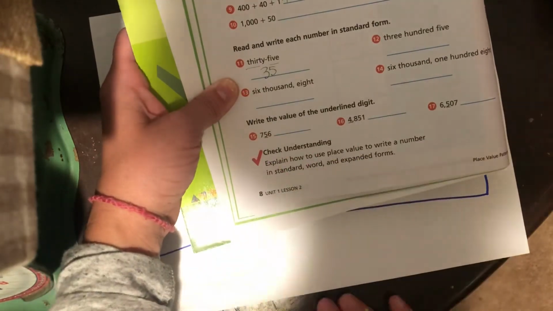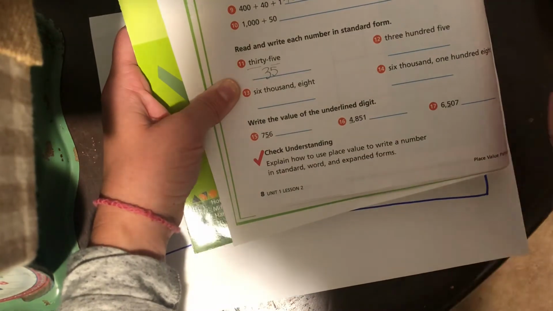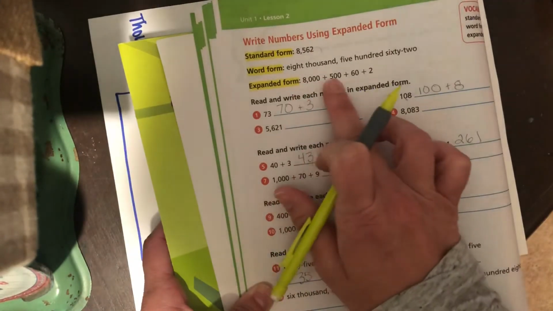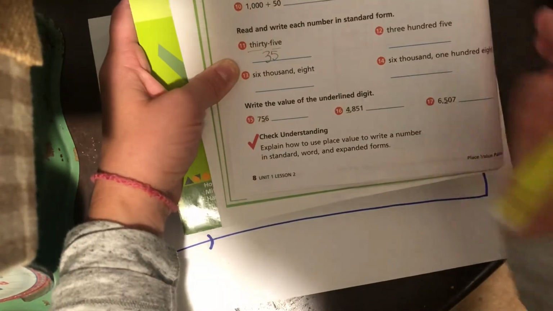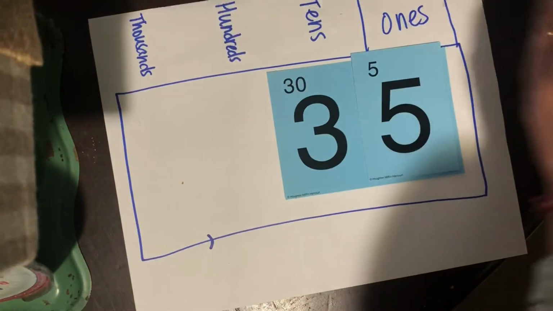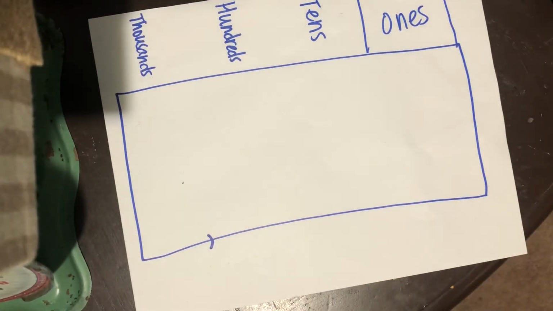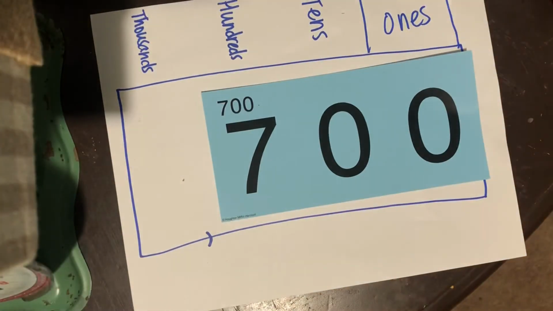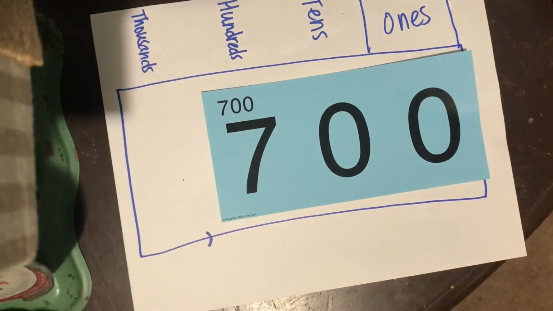And now numbers 15 through 17, it wants you to write the value of the underlined digit. And again, the blue cards can help you, because actually when you're writing a number in expanded form, what you're doing is you're adding all the values. Now, value means how much is something worth. So if we were to create the number 756 using our cards, there's 700. Let me find my 50.